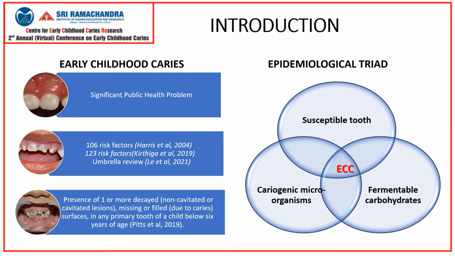It is defined as the presence of one or more decayed, non-cavitated or cavitated lesions, missing or filled surfaces in any primary tooth of a child below 6 years of age, as given by Pitts et al. in 2019. The epidemiological triad for early childhood caries includes a susceptible tooth, cariogenic microorganisms, and fermentable carbohydrates.